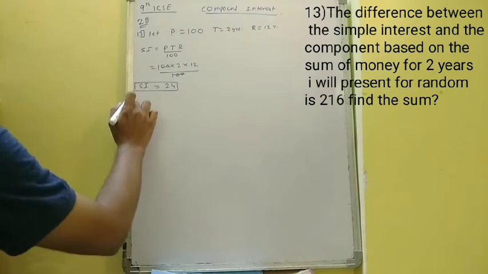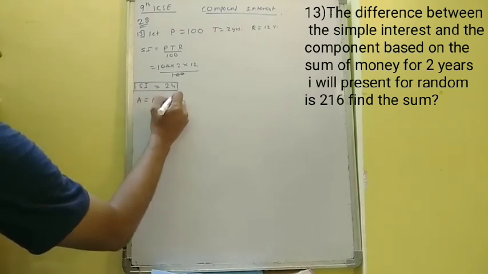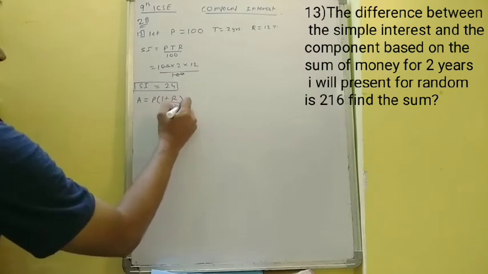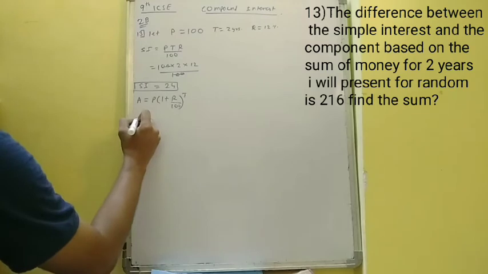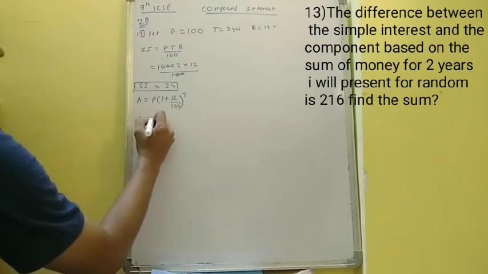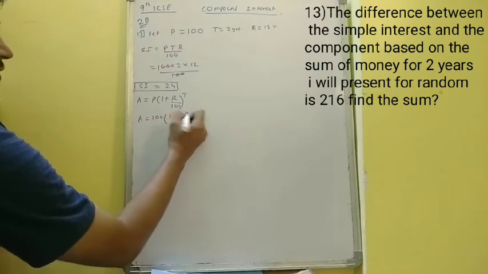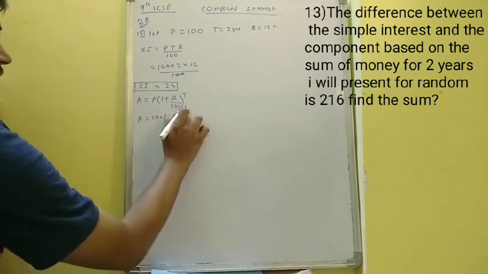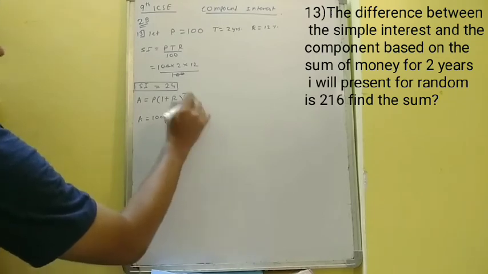Now I will find the compound interest. First I will find the amount. Amount is equal to P into 1 plus R upon 100 raised to N or T. Amount is equal to 100 into 1 plus 12 upon 100, to the power 2 years.